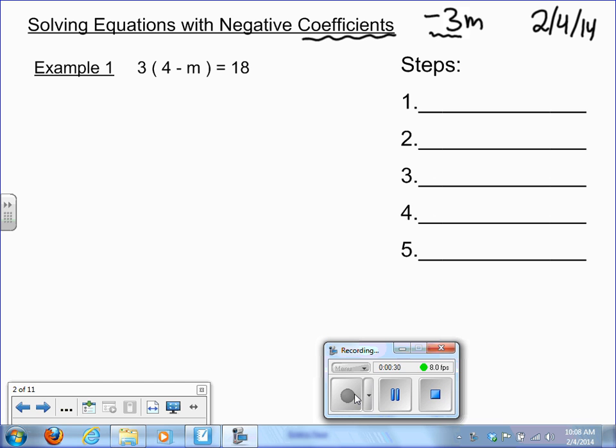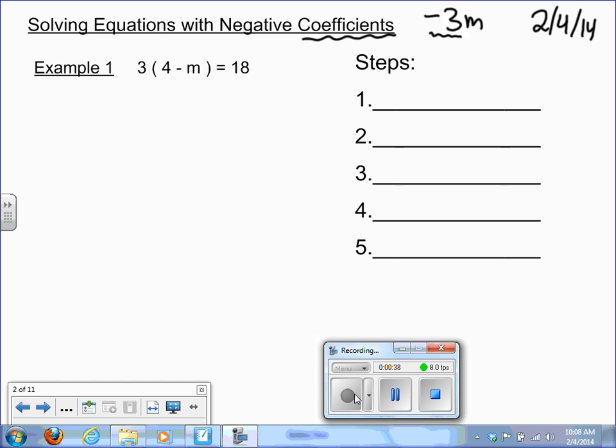All right, so what I want you to do for this example 1 is make sure you copy my steps exactly as you see them. All right, so 3 times 4 minus m equals 18. What do you think step 1 is going to be, Ryan? What are we going to do first? Multiply 3. What's that called?